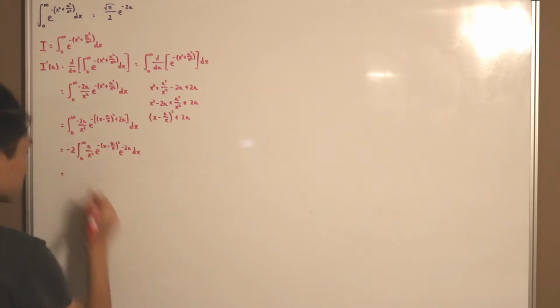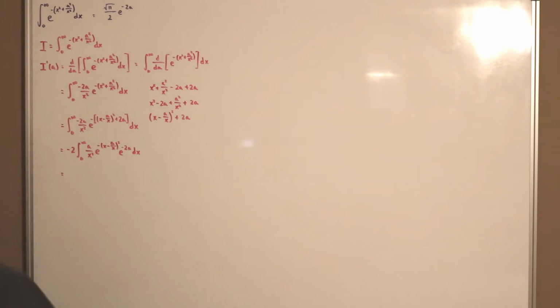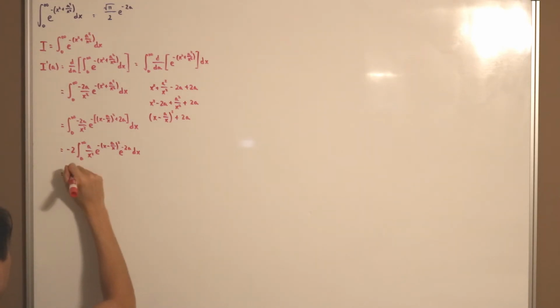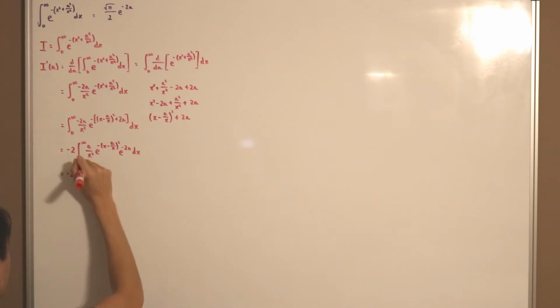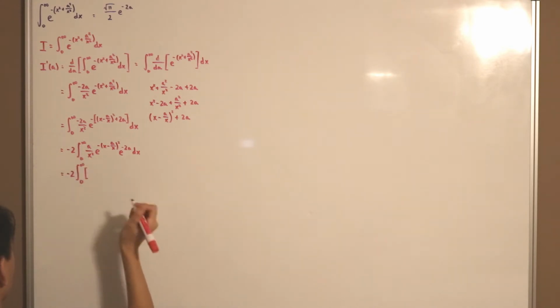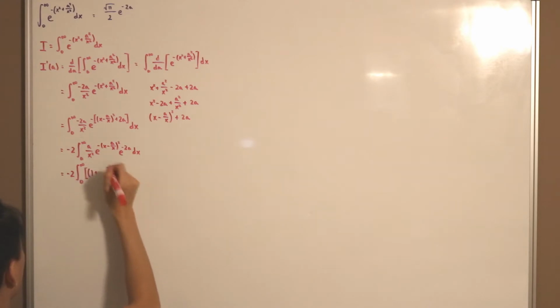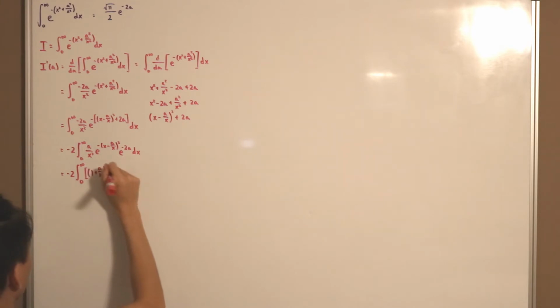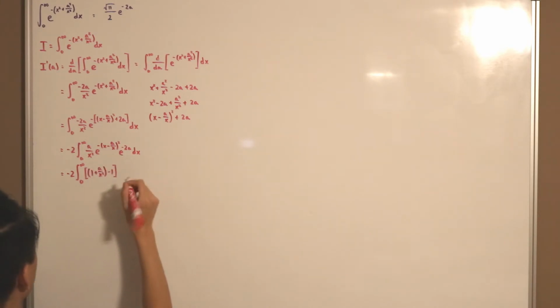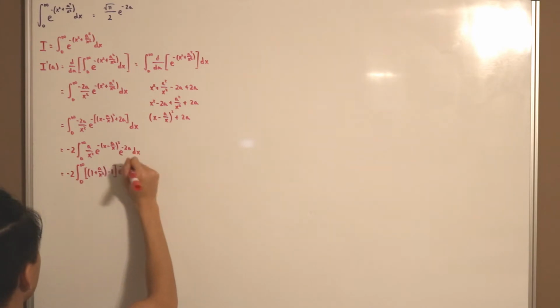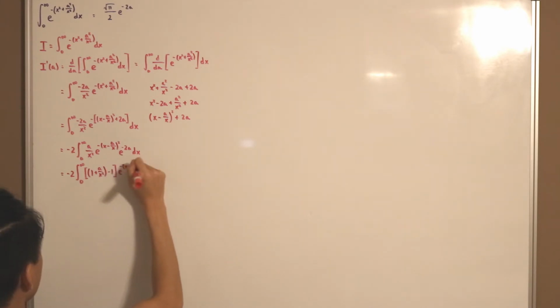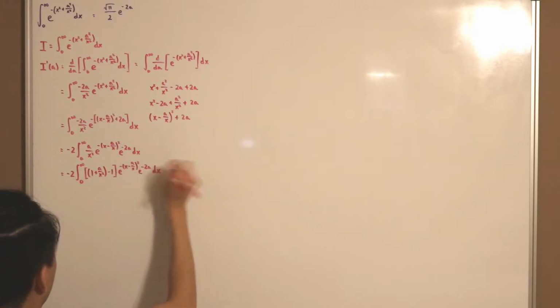So when we rewrite this, we can rewrite this as -2, the integral from 0 to infinity, and I'm going to put in brackets: in parentheses 1 plus a over x squared, then minus 1, close bracket, then e to the negative x minus a over x squared, then multiply by e to the negative 2a dx.